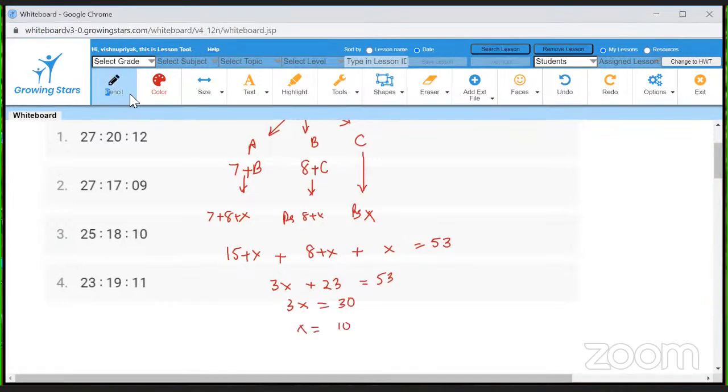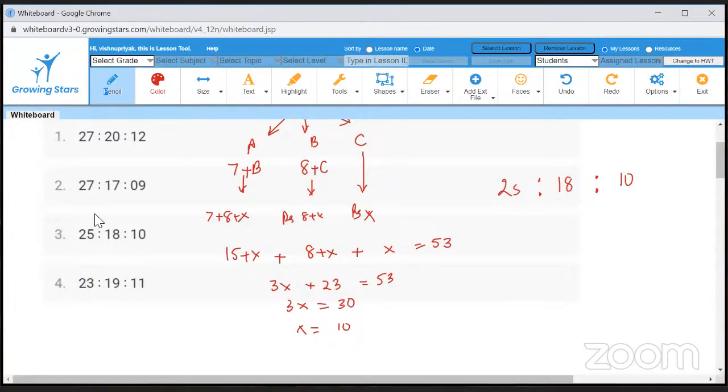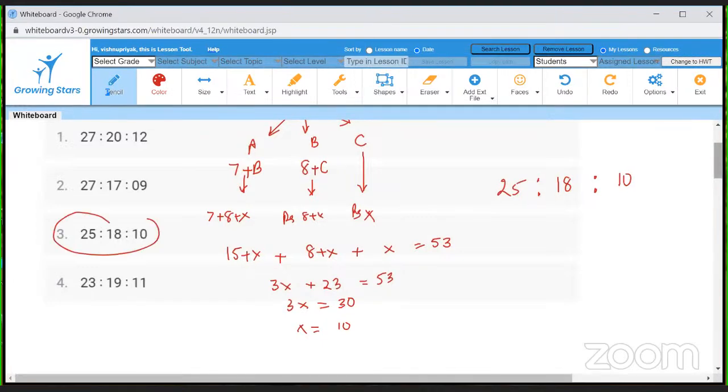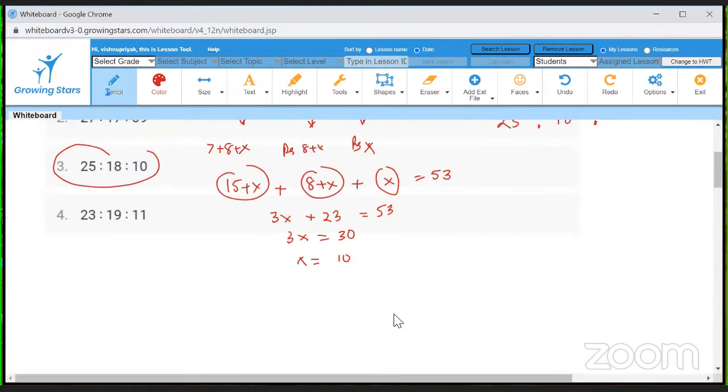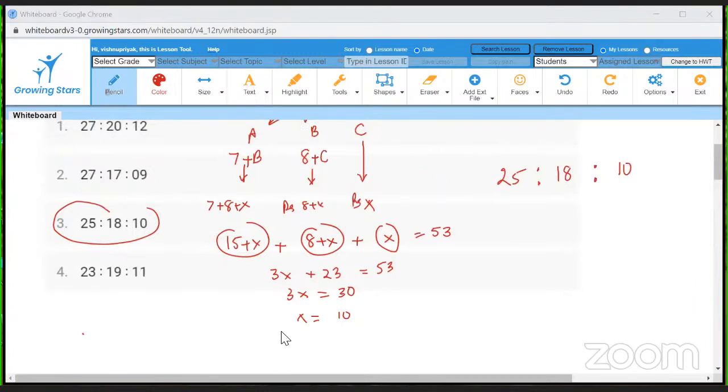That means C is getting 10. B is getting 8 plus 10. A is getting 15 plus 10, 25. So the third option is correct. 15 plus 10, 8 plus 10 and 10. This is how you will get the ratio. Third one. After I wrote, you are telling answers, Kumar.